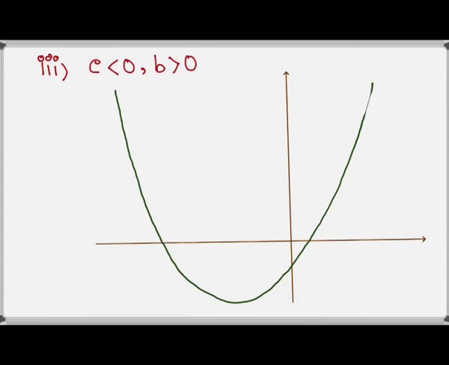So this is the point P, which is the vertex, this is the y-intercept, this is alpha, and this is beta. So alpha and beta both are real and distinct.